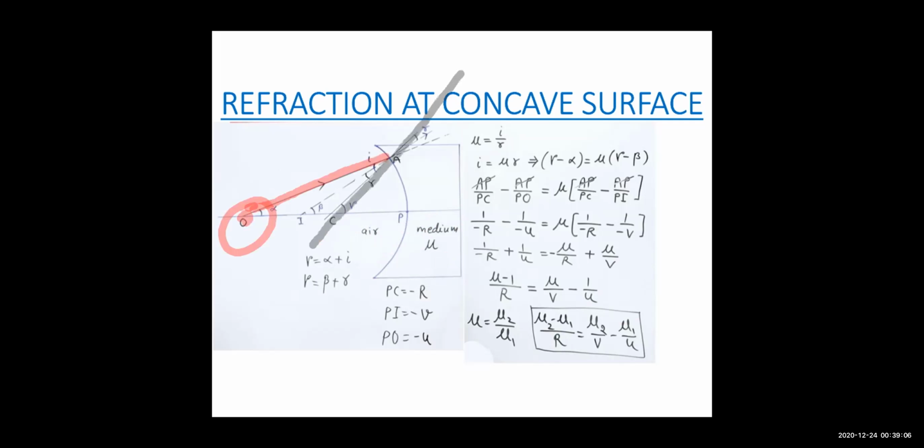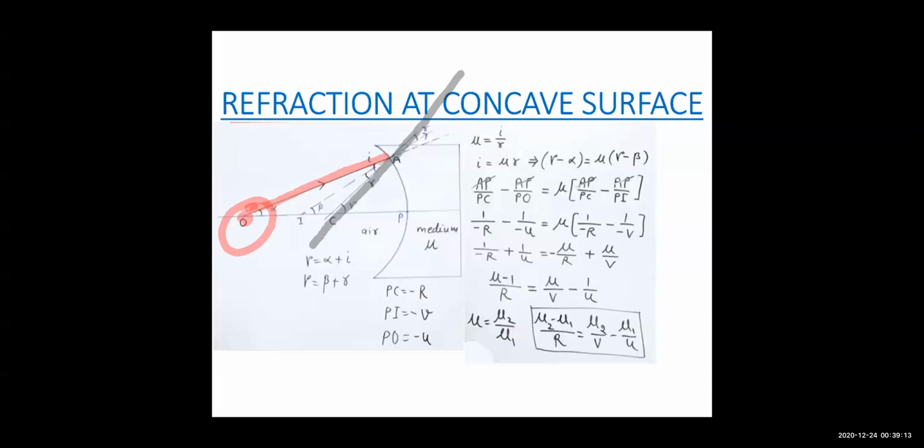So this black color is your normal, because we know that the line passing through the center of curvature is your normal. So the angle between the red color incident ray and the black color normal is your angle of incidence, that is I. Right, children? Now, if there was no second medium, the ray would have gone straight like this. But as there is a second medium, the ray will not go straight like this.